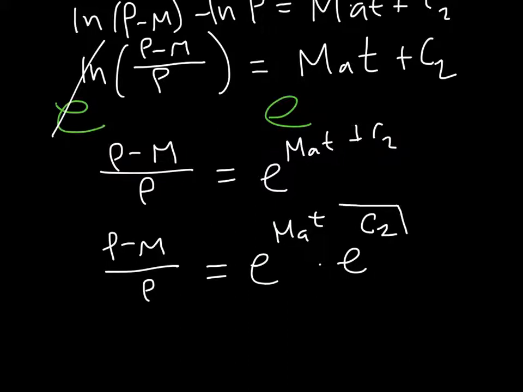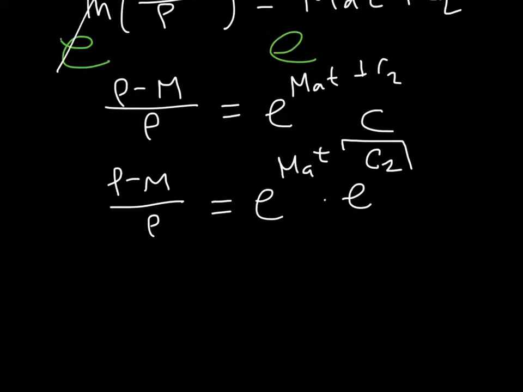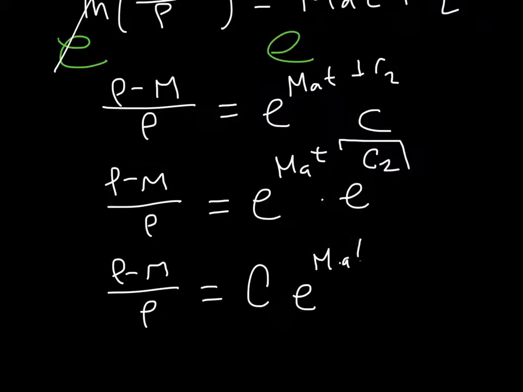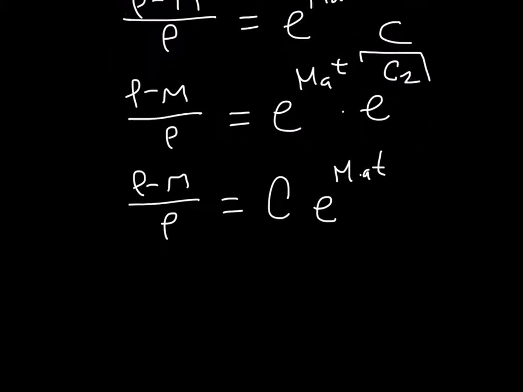And we can even call this c to make it look a little bit nicer. And next step, again, this is really just some more algebra, so I'm just repeating this guy. I'm going to write c e to the m times at.